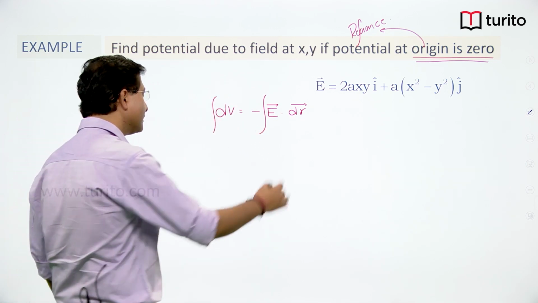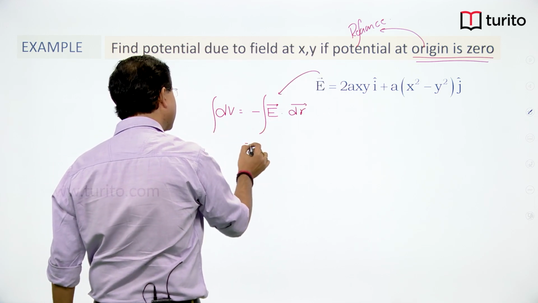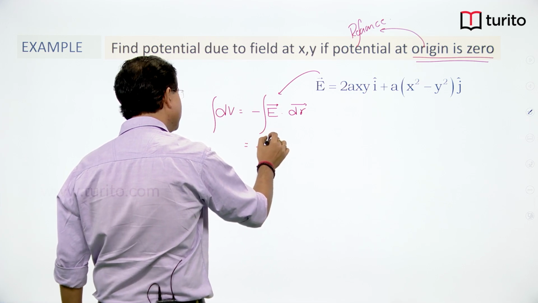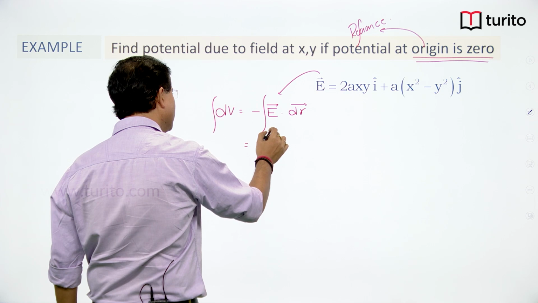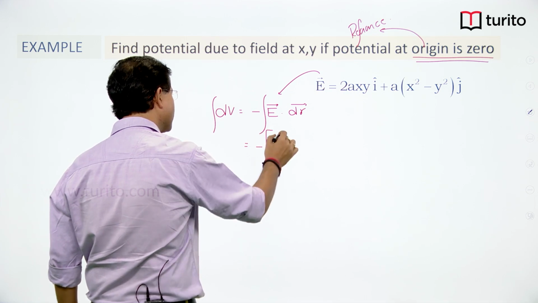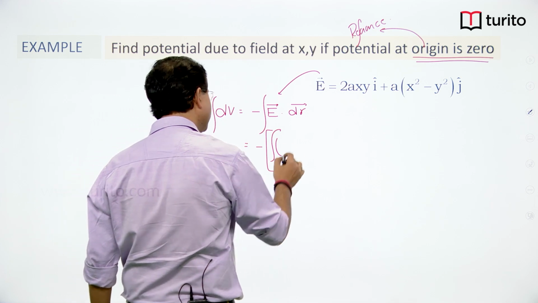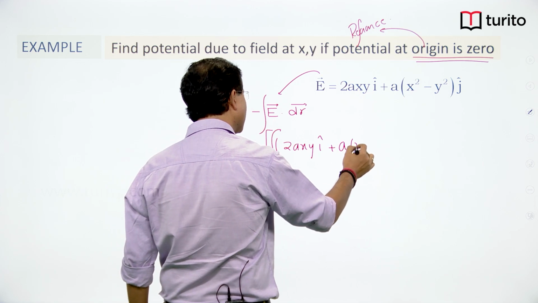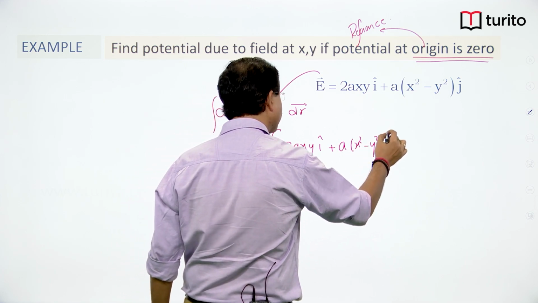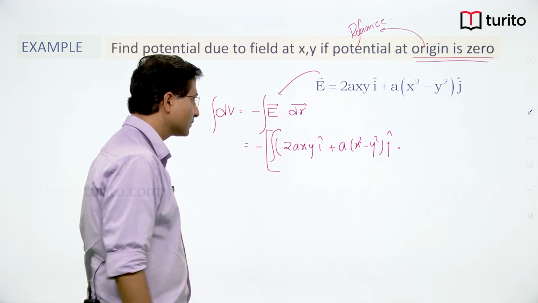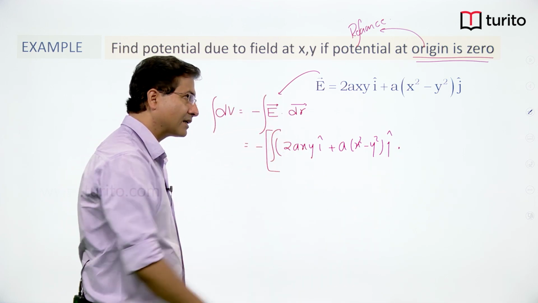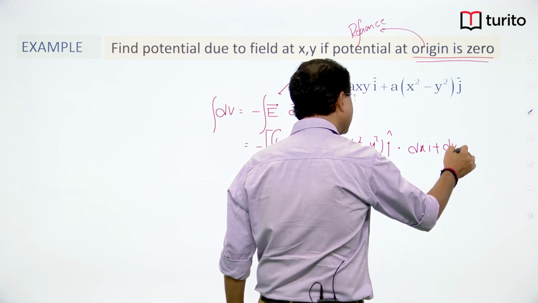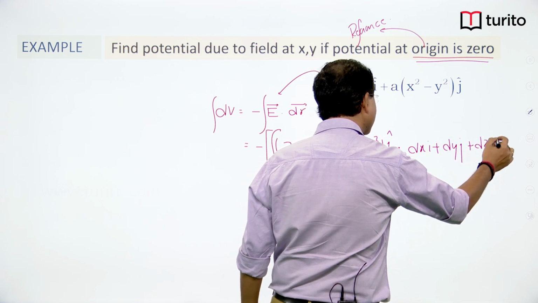So if I substitute this one here, then I will get minus, take minus out, integration 2axy i cap, x square minus y square j cap dot dr vector will be dx i plus dy j plus dz k.